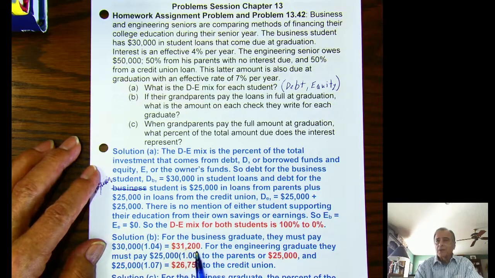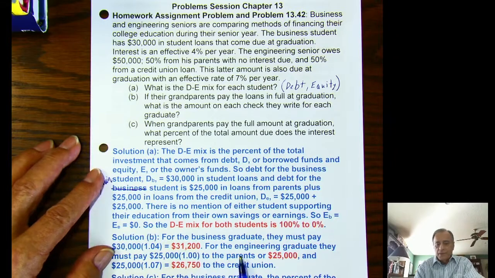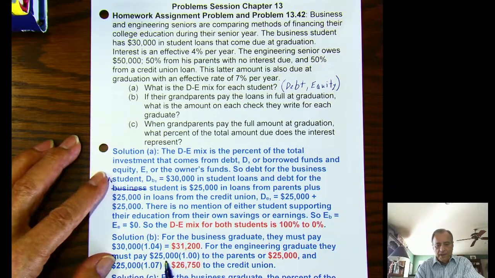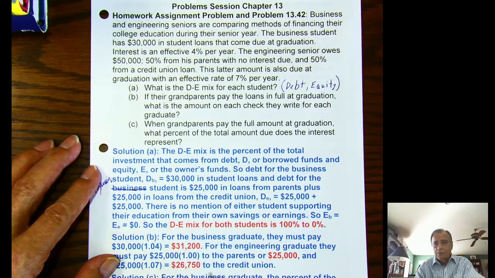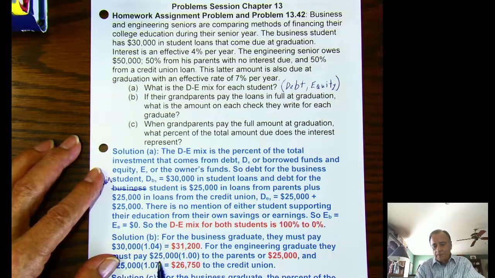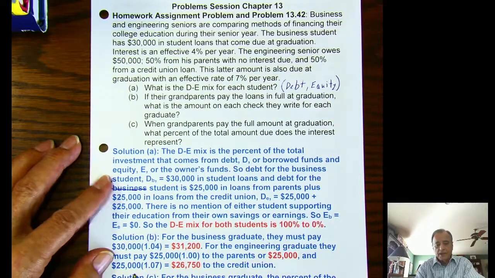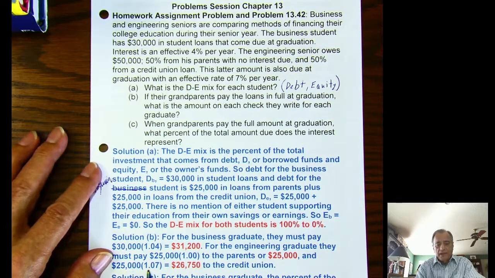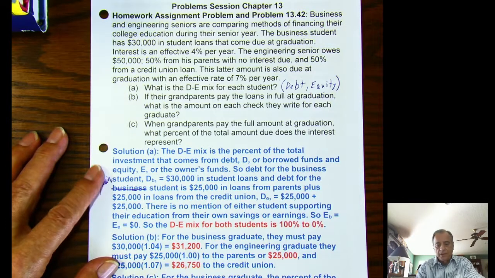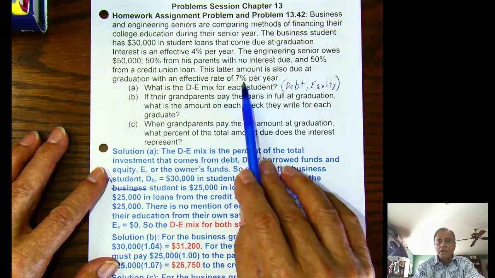So they have to write a check for $31,200 to the credit union. For the engineering graduate, they must pay 25,000. Remember, that loan had no interest on it to the parents. So that would be 1 plus i to the 1, but i is 0, so that's just 1 to the 1, which is 1. That's $25,000 to the parents, and they'll have to write another check for 25,000 times 1.07 to the 1, which is $26,750 to the credit union. Of course, there's 7% interest on that loan.